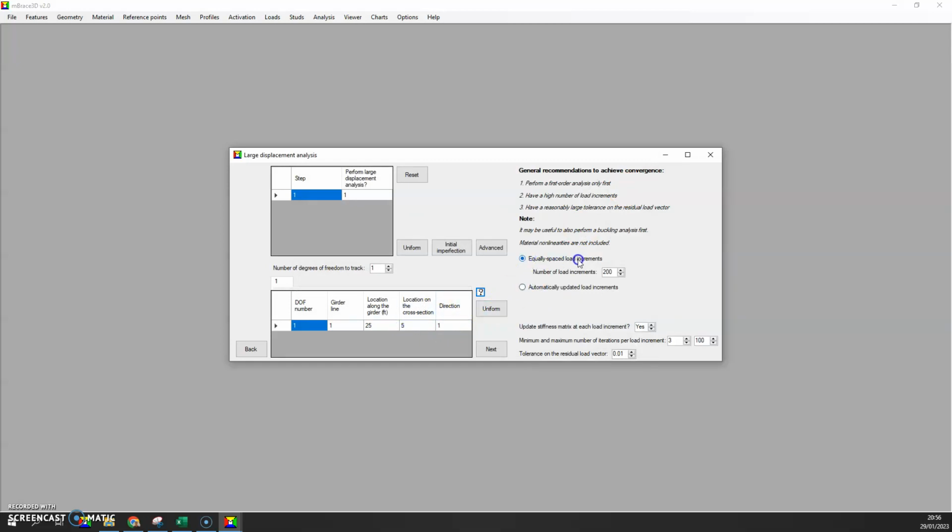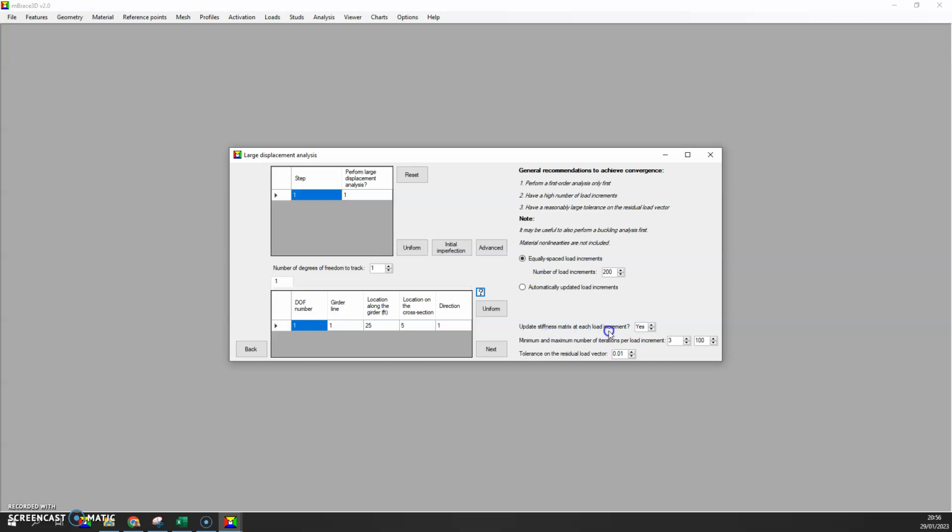We are really helping the solver here by specifying a large number of load increments. So the 100 kips will be divided into 200 increments, and that's a way really to help the solver find a state of equilibrium at each of these increments.